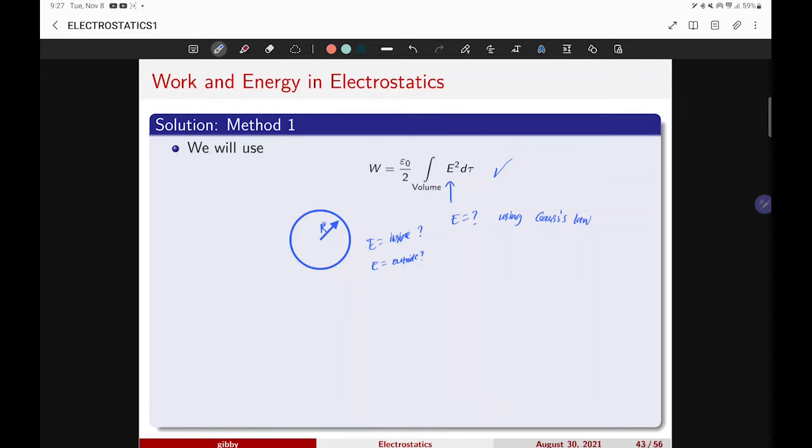Using Gauss's law, if you want to calculate the electric field, make use of the formula closed integral of E dot dA equals Q enclosed over epsilon naught.